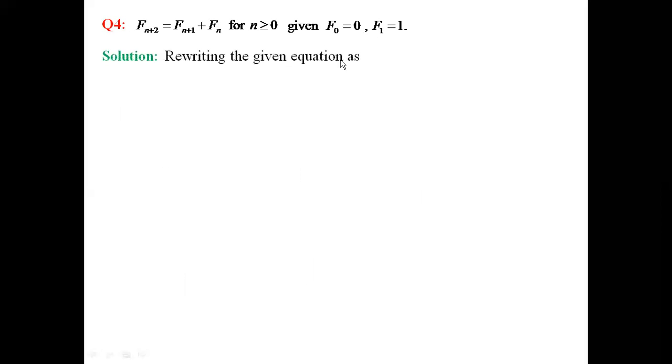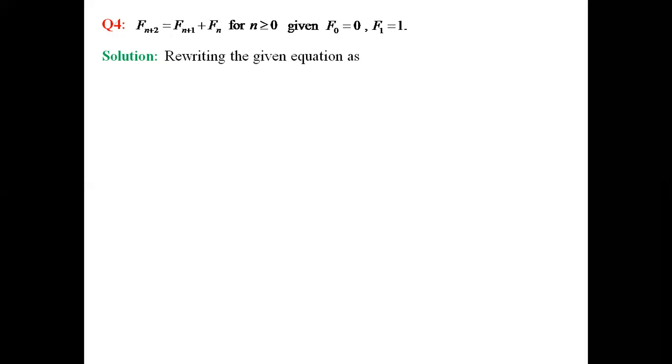So let us rewrite the given equation firstly in order to get it to the standard form. We recall the standard form, which is of the form Cn into An plus Cn minus 1 into An minus 1 plus Cn minus 2 into An minus 2 equal to 0. Instead of An minus 1, An minus 2, I can have the expressions in terms of f.